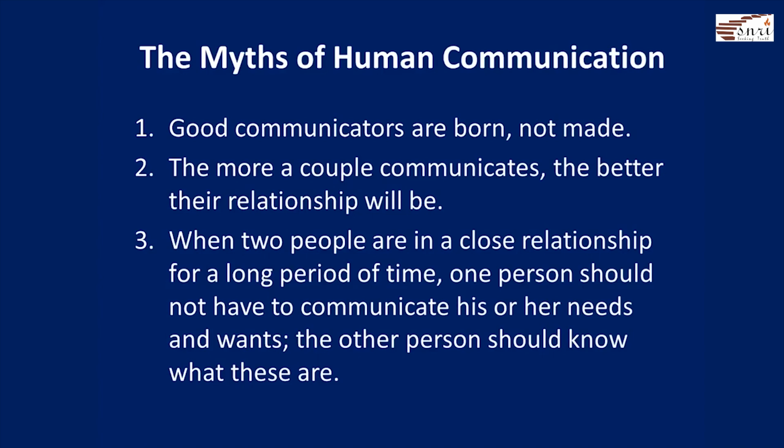And if we do not know the needs of others, then how can we respond to those needs? And if we have not told the other person what are our needs, what are our likings, and what are our dislikes, it is difficult for the other person to judge because the other person will not get a dream about what we require. And therefore, we see that this third statement is also false.